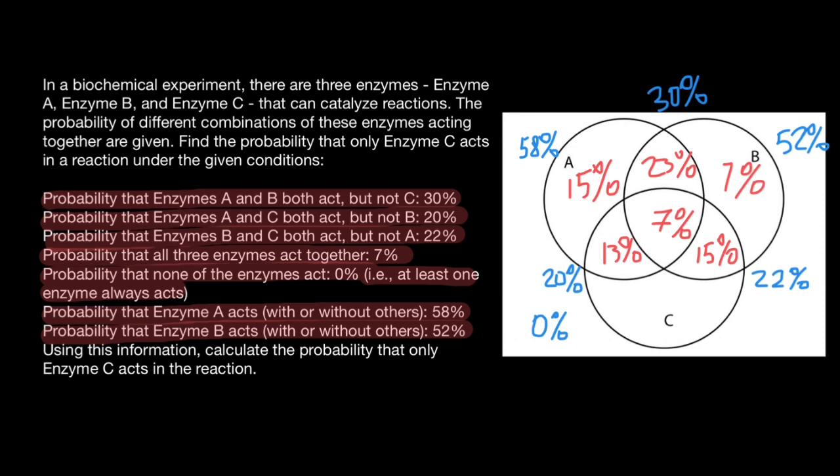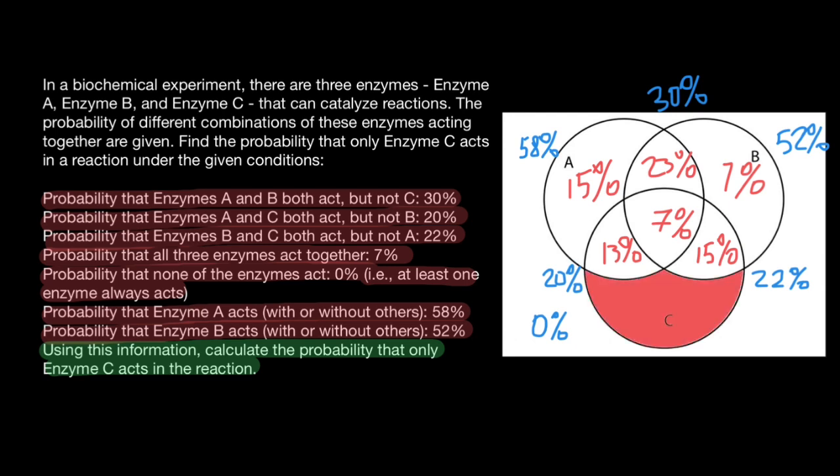And now, don't forget that we have to calculate the probability that only enzyme C acts in this reaction. That means that if we combine all the percentages in all three circles, we should get 100%. And we're missing the only information in this section.